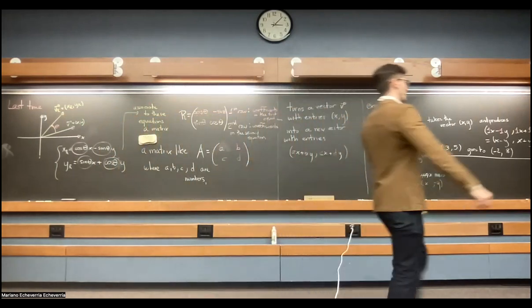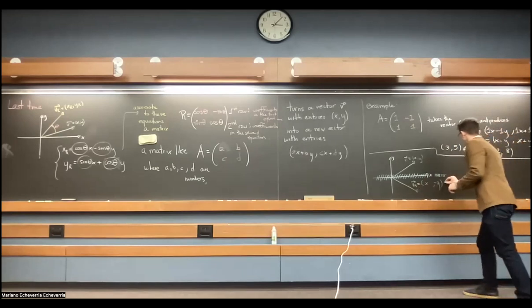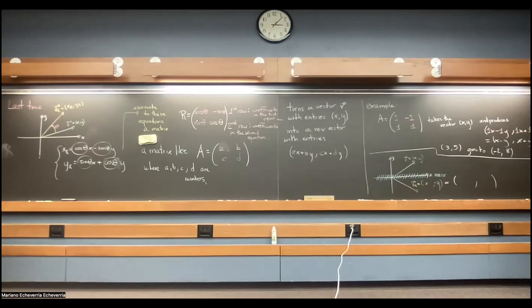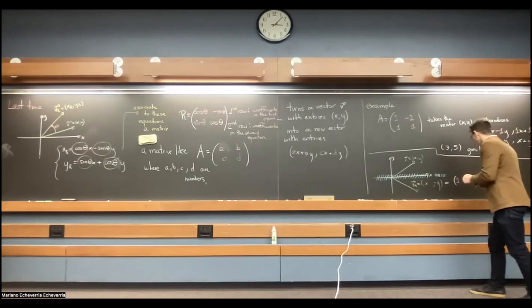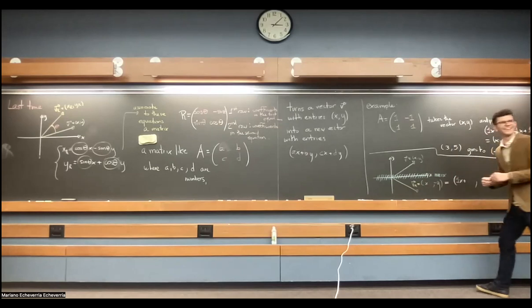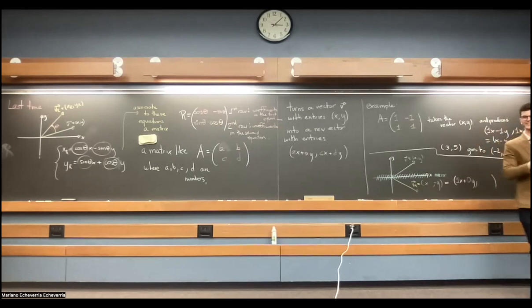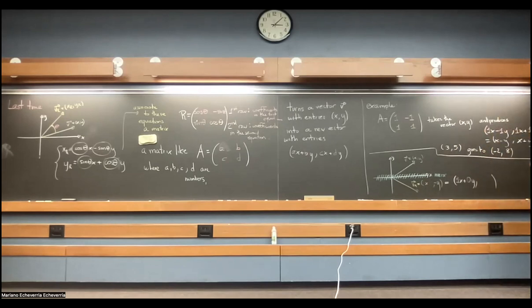This looks a little bit of an overkill right now, but what is x? x is 1 times x plus 0 times y, right? Is that making sense? 1x plus 0y gives you x. And what is negative y?